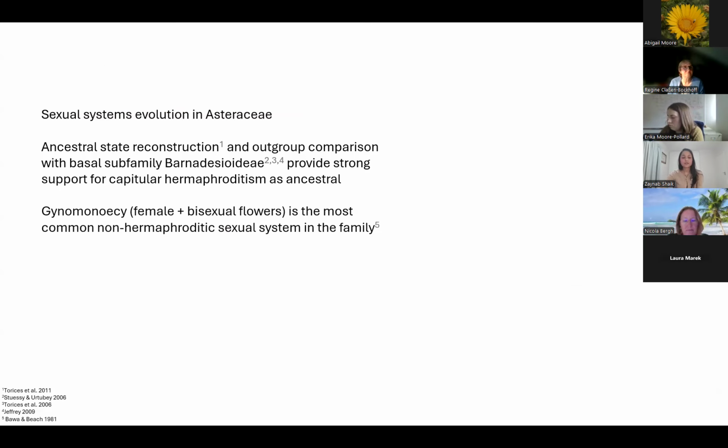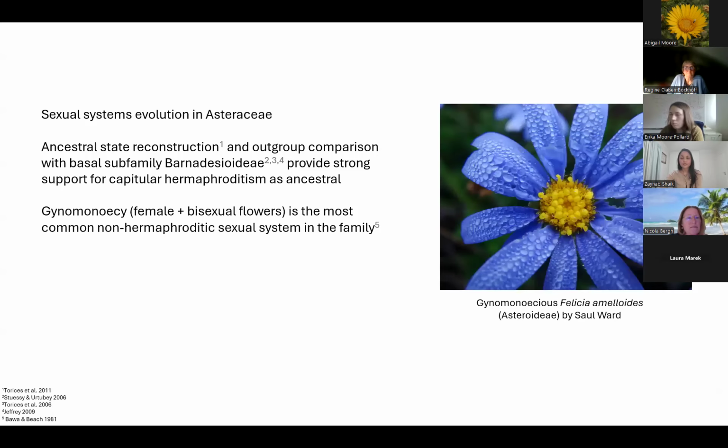It's the second most common sexual system in the family after hermaphroditism. This is the typical arrangement in many members of Asteraceae, where you have bisexual disc flowers housed in the center of the capitulum, surrounded by ray flowers, pistillate flowers, which are often furnished with an attractive petaloid ligule.